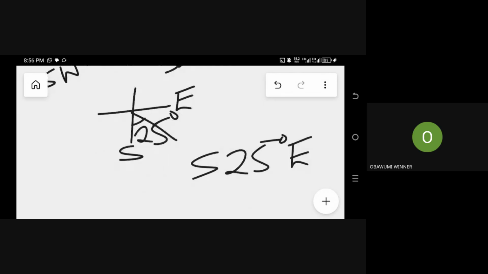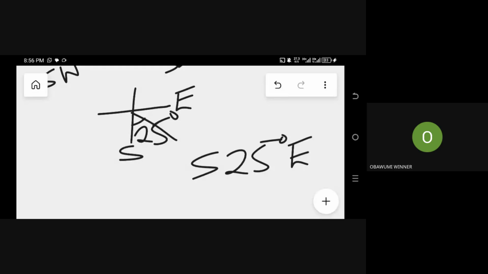Like this example here, we have the angle 25 degrees bordering with the south. By bordering, I mean that the 25 degrees is touching the south. So as far as 25 degrees touches the south, and that angle is between the south and the east, we say this is south 25 degrees east.